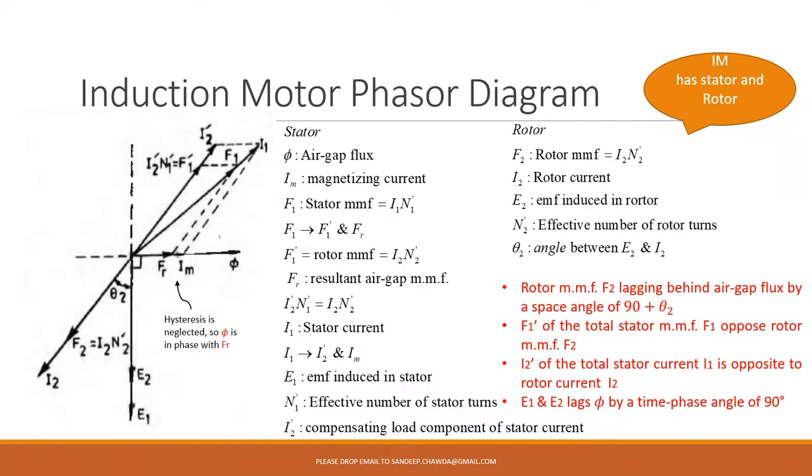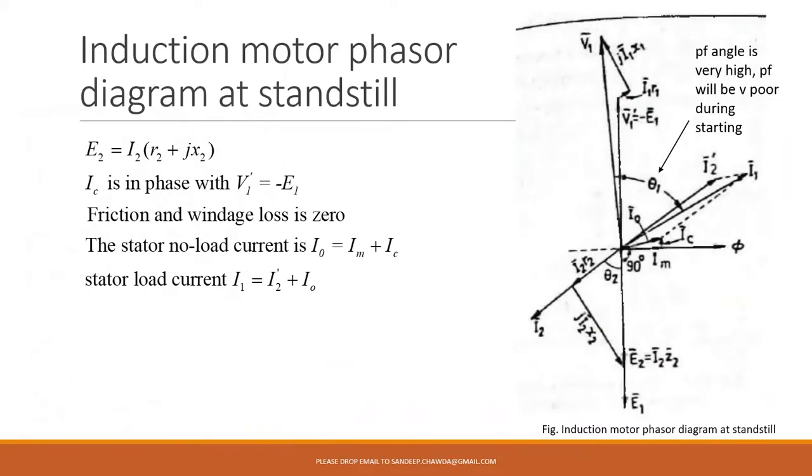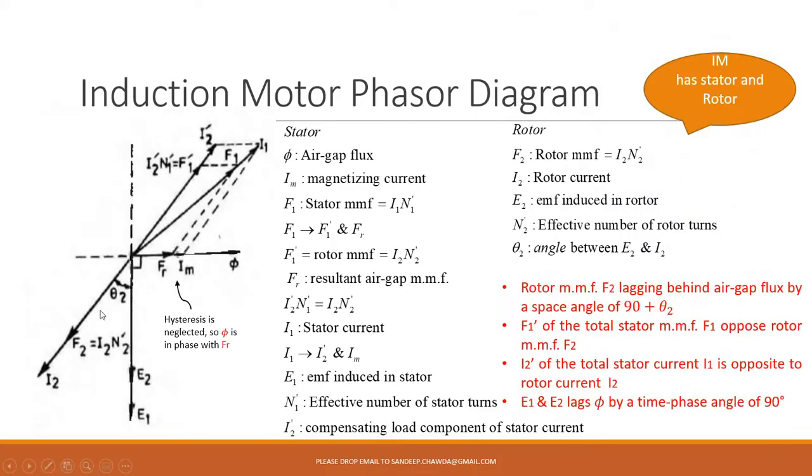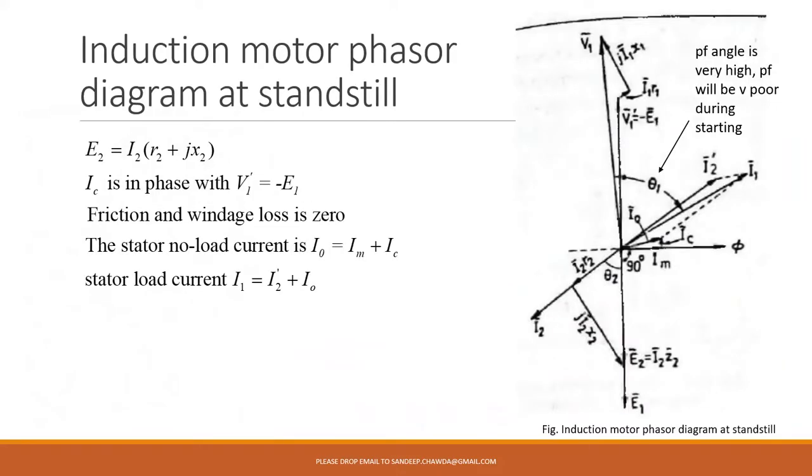Now the induction motor has to start. This is the phasor diagram. We will now draw the actual phasor diagram for an induction motor by omitting the MMFs. Here F2 and F1 are shown, but for better clarity of the induction motor phasor diagram, those are dropped.